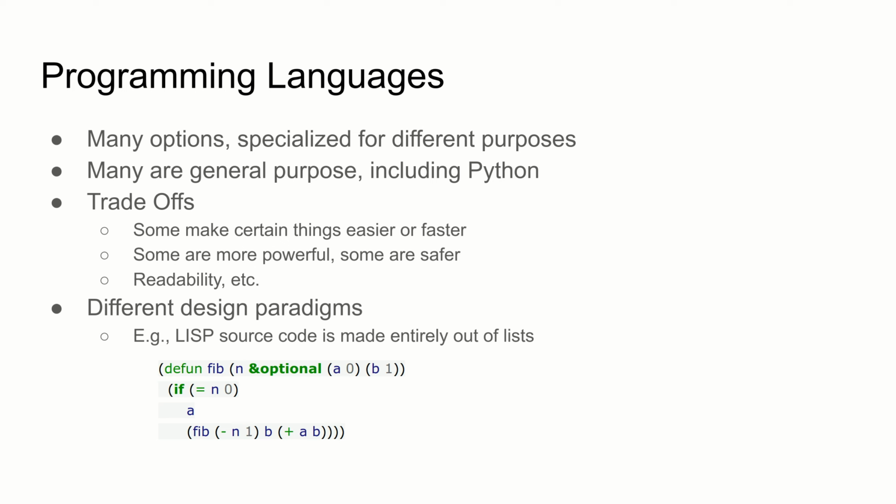Other trade-offs that we might have is how readable the programming language is versus how full-featured it is, or lots of different things that you might lose with that readability. How many different options do you have for ways to do things?